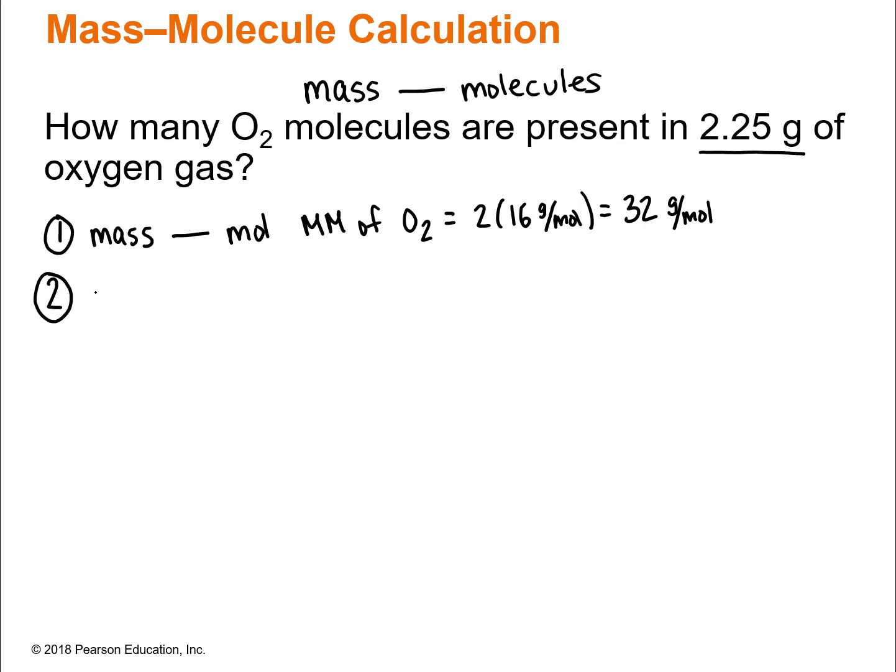The next part, we're going to take the moles and convert that to molecules. We have to use Avogadro's number for that. I'm going to make you hold tight on that answer, Whitney, so just bear with me.